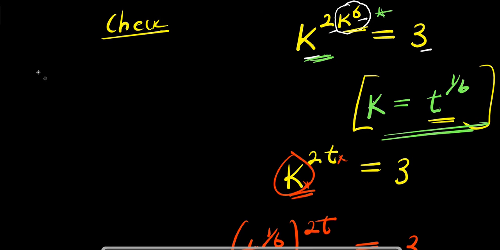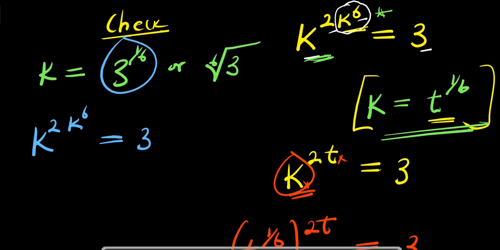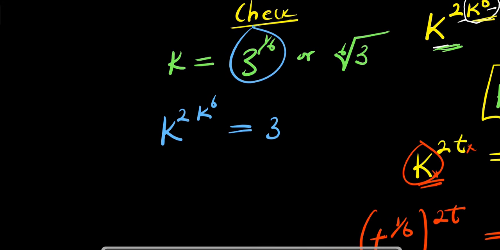I have k equals 3 power 1 over 6, or the 6th root of 3, and the question remains k power 2 times k power 6 equals 3, and this is our k. Let's insert that right here.